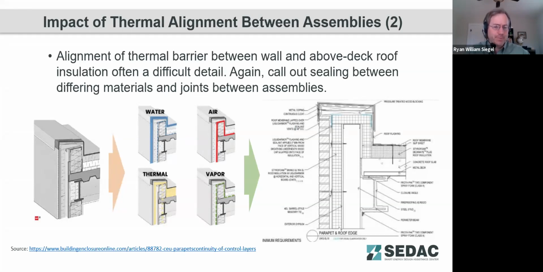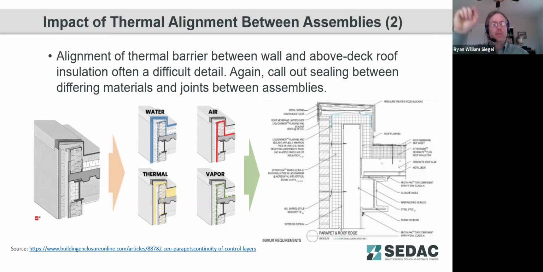So you may have some insulations that actually can provide that they are an air barrier, thermal barrier, and a vapor barrier, depending on the type of insulation and the thickness.